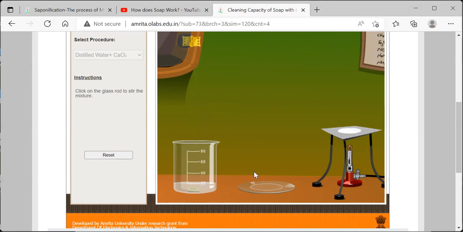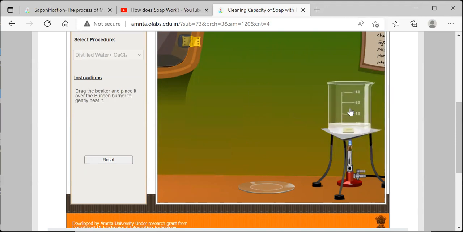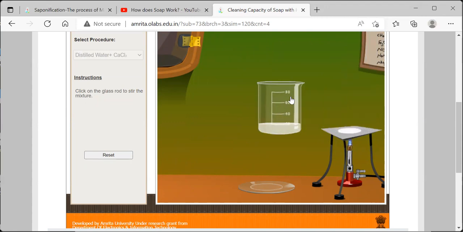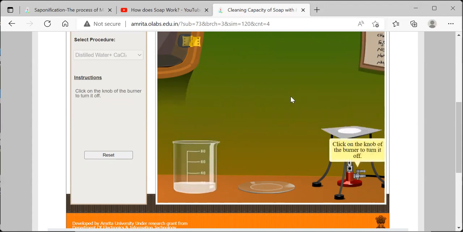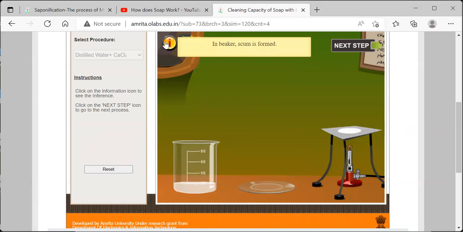To completely dissolve the soap, we need to turn on the Bunsen burner and heat up our solution. And this makes sure that now we have a soapy solution in that distilled water calcium chloride solution. As you can see from the beaker, it's hard to see, but there is some soap scum that is formed.